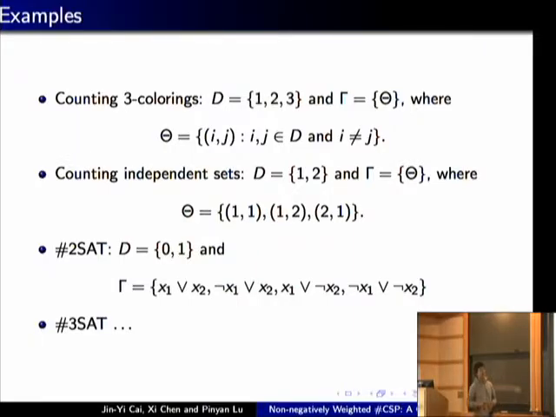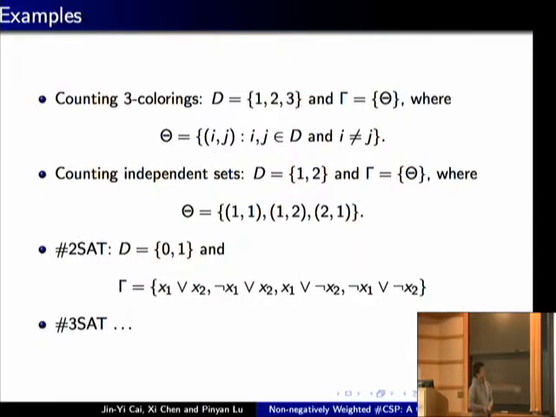And this is an interesting class because there are a lot of problems you can formulate as a counting CSP. For example, if you look at counting 3-colorings of a graph, you can just set D to be of domain size 3 and gamma to be the constraint that i not equal to j, and this gives you the counting 3-coloring problem.